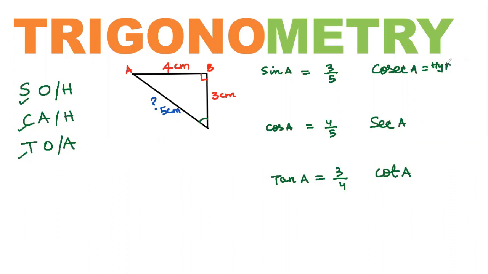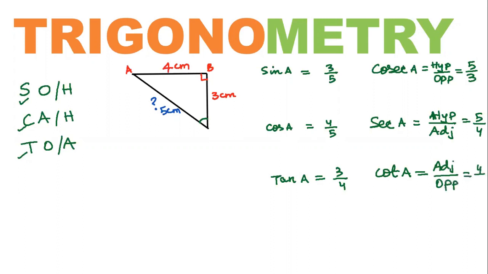Sec is hypotenuse over adjacent, which will be 5 by 4. And cot is adjacent over opposite, which will be 4 by 3.